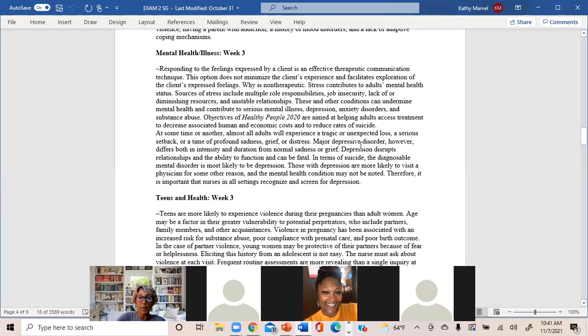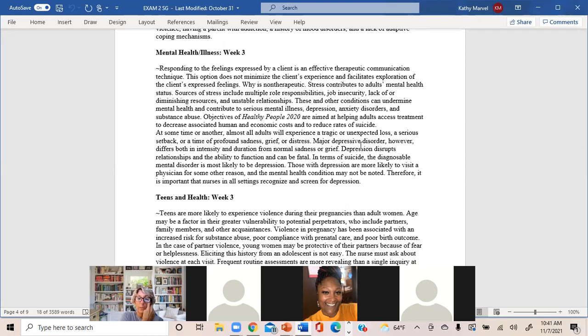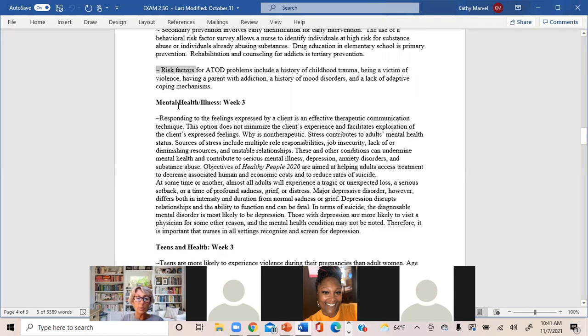Okay, we're still in week 3. We're still talking about vulnerable populations. Let's talk here for a bit about mental health and illness. Have a read at this paragraph, this one right here, responding to the feelings.